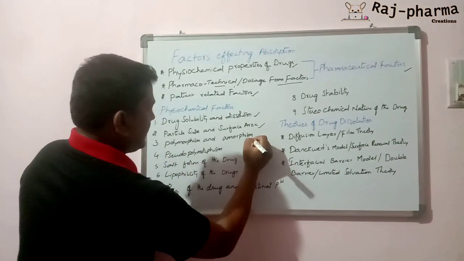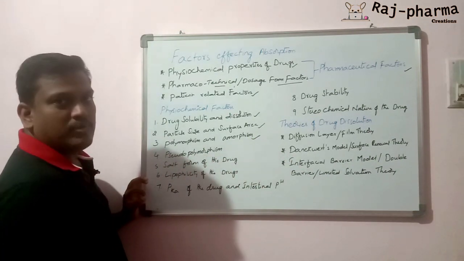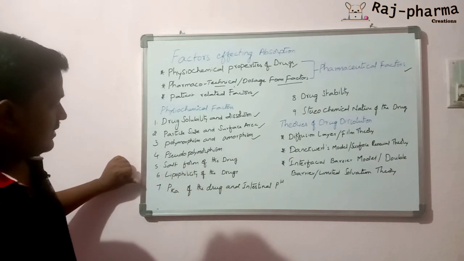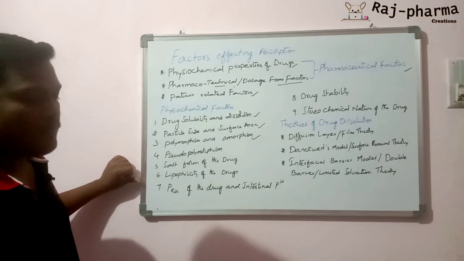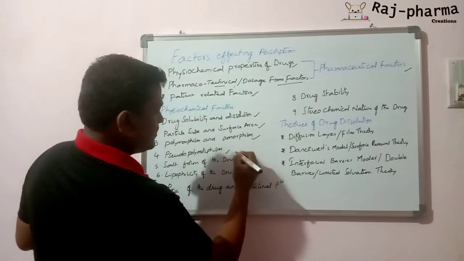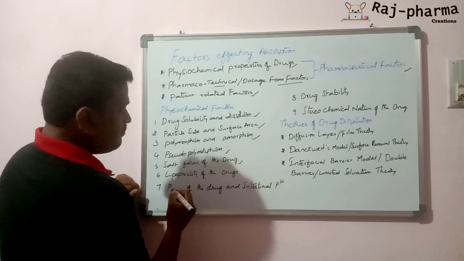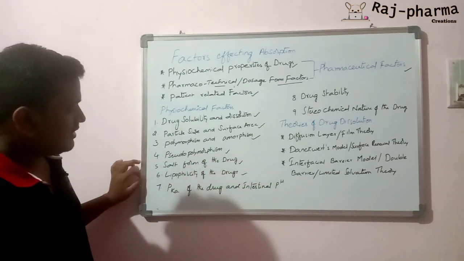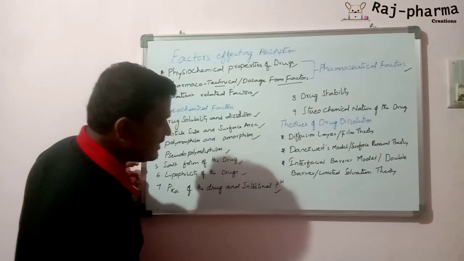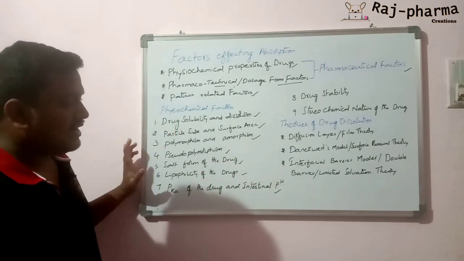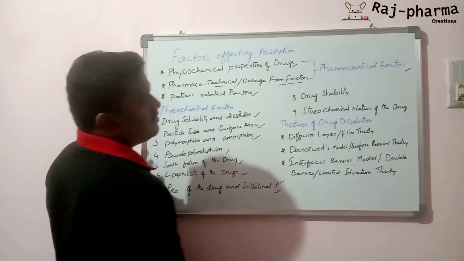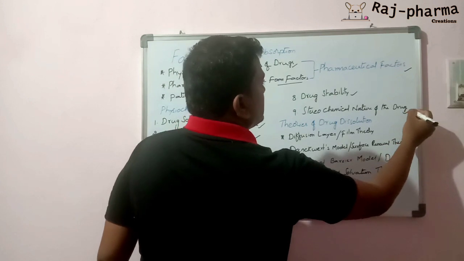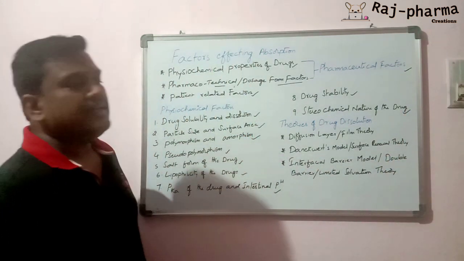The third factor is polymorphism and amorphism, and then pseudopolymorphism. Then the salt form of the drug, lipophilicity of the drug, then pKa of the drug and gastrointestinal pH, then drug stability, and the last one is the stereochemical nature of the drug.